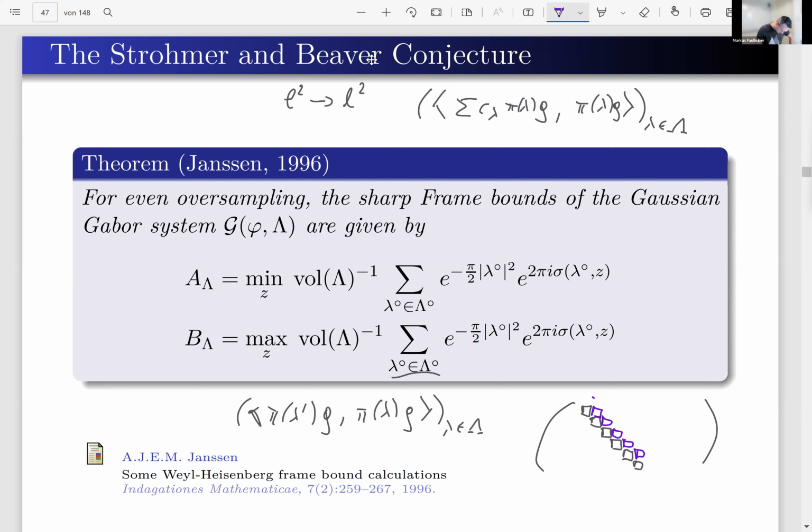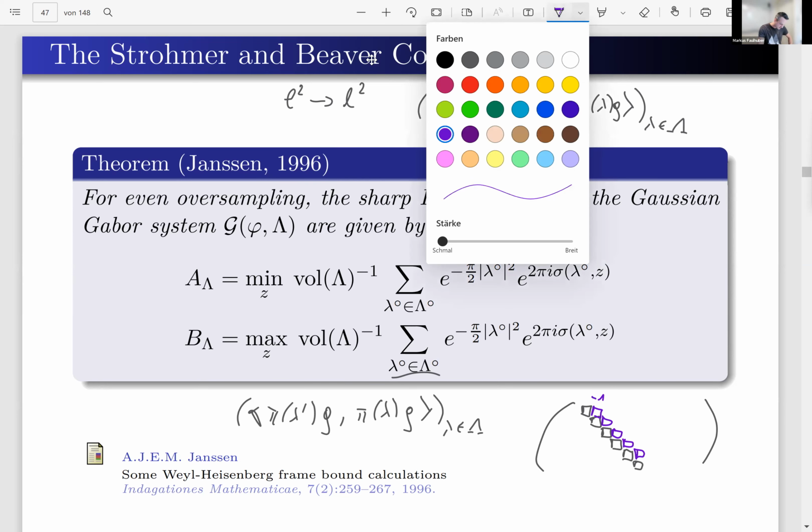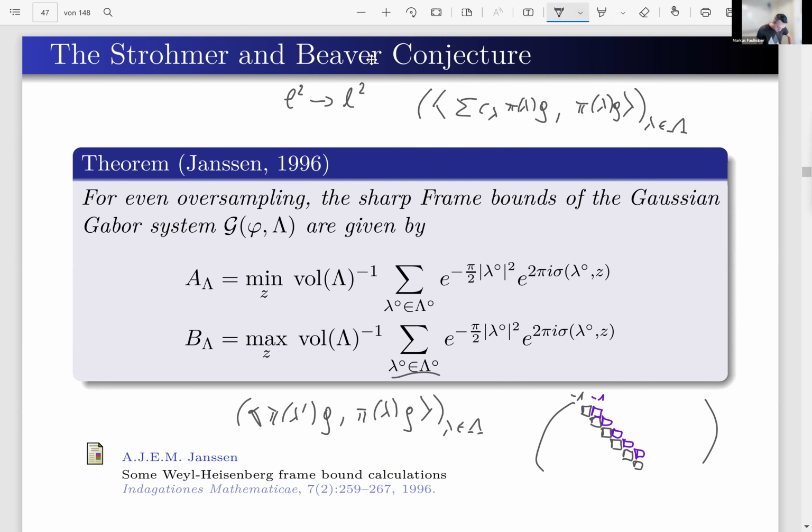But this here will have a negative sign. And the negativity of the sign makes the computations much harder. Here you have +1. So you have alternating signs in your rows. And then you have a competition of minima and maxima, and that makes everything really, really tricky.